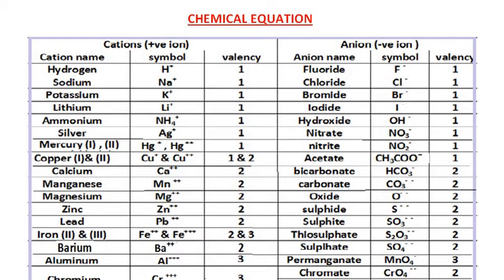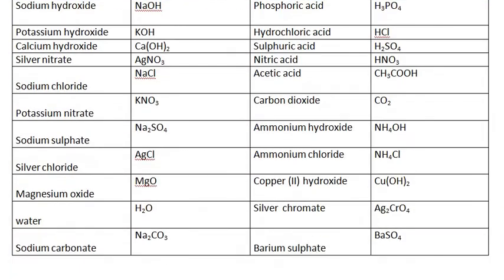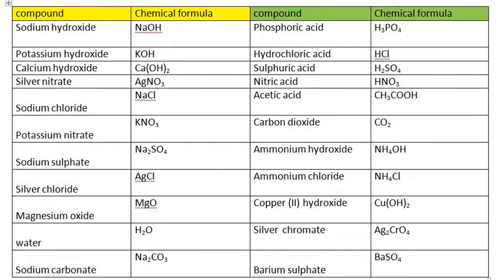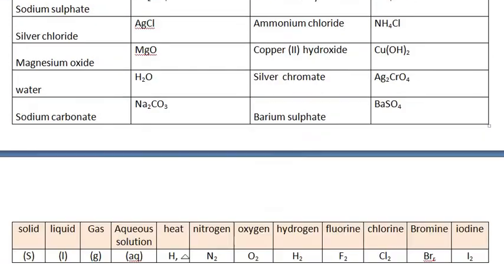Last period we studied the symbols and the valences of different elements and atomic groups and used them to write the formulas of many compounds, such as sodium hydroxide, potassium hydroxide, phosphoric acid, carbon dioxide, and so on.